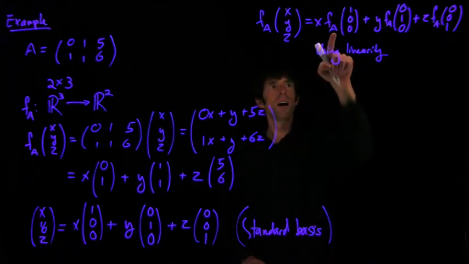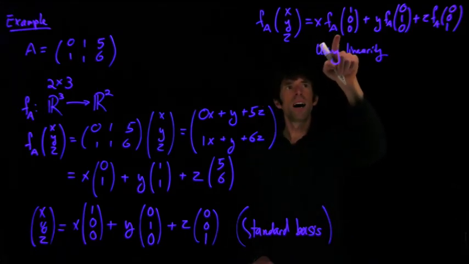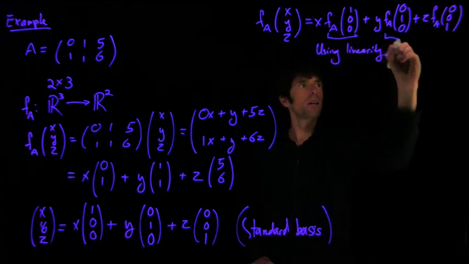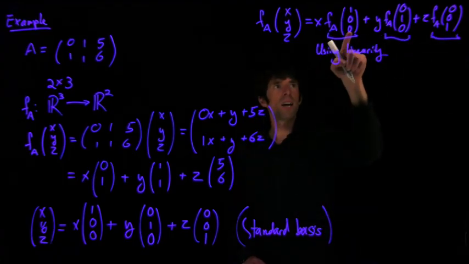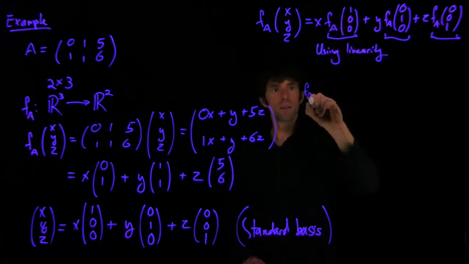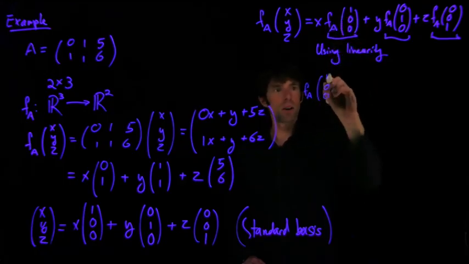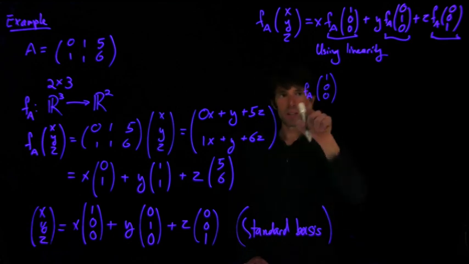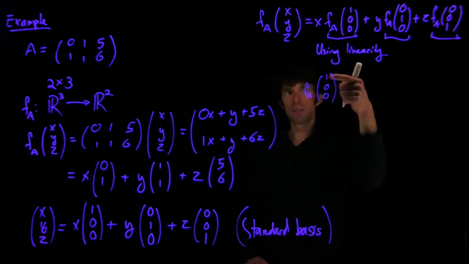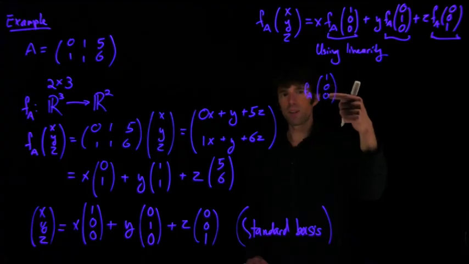And now I can work out what each one of these 3 vectors is. Well, f sub A times this vector (1, 0, 0), there are a couple of ways to see this. You can either multiply the matrix by this vector, or you can say, this means take 1 times the first column, 0 times the second column, 0 times the third column.